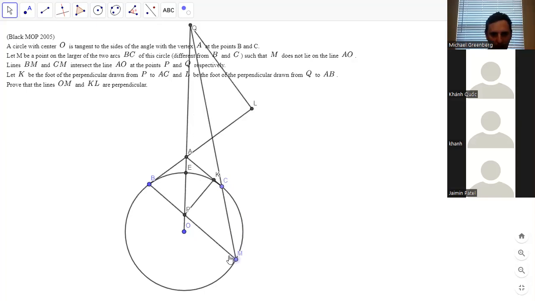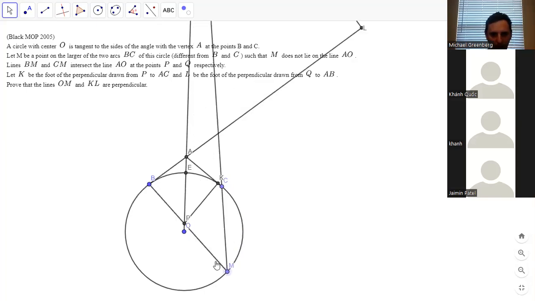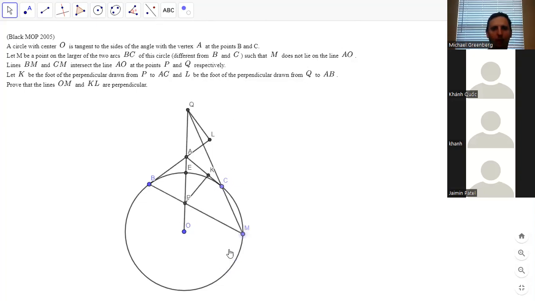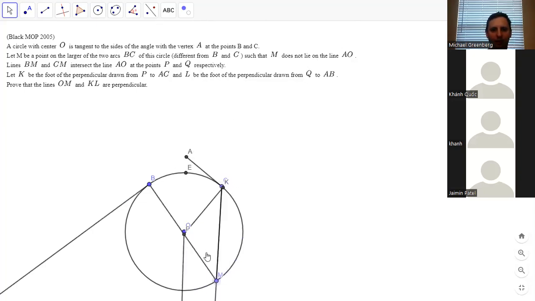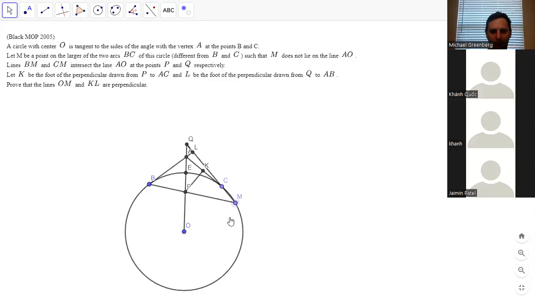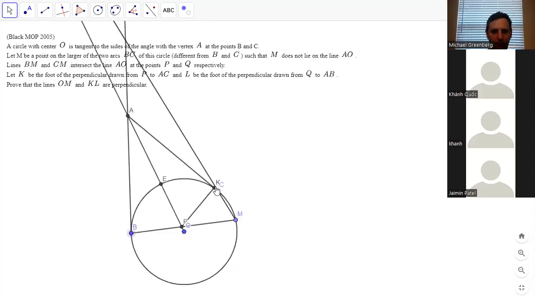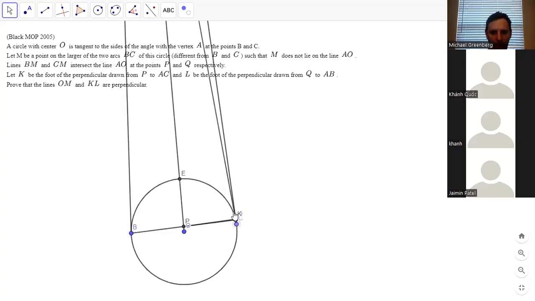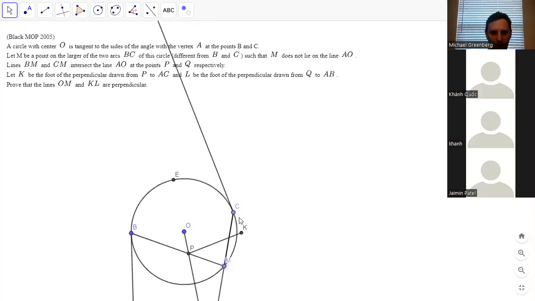What happens if I try to make it acute? Oh, the way I drew this, I'm going to have to redraw some of it. Unless I could move B and C more towards the bottom of the circle, but never mind.